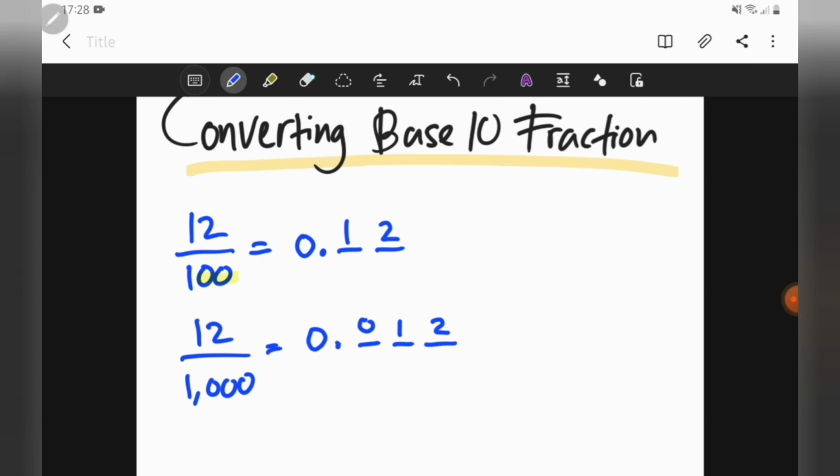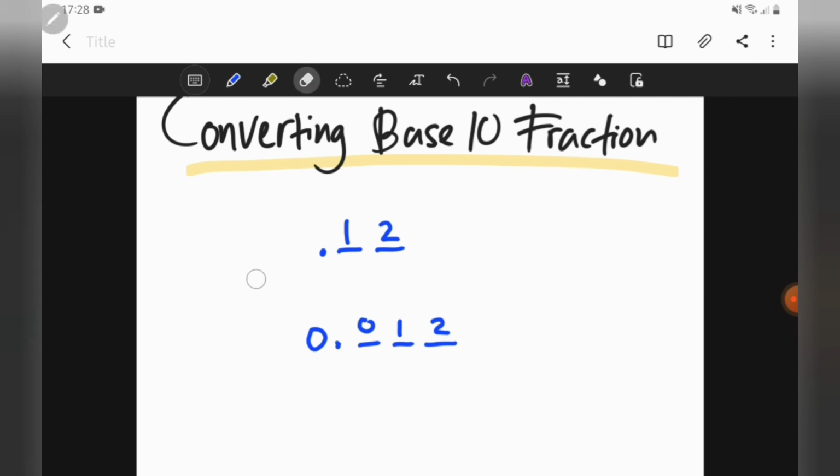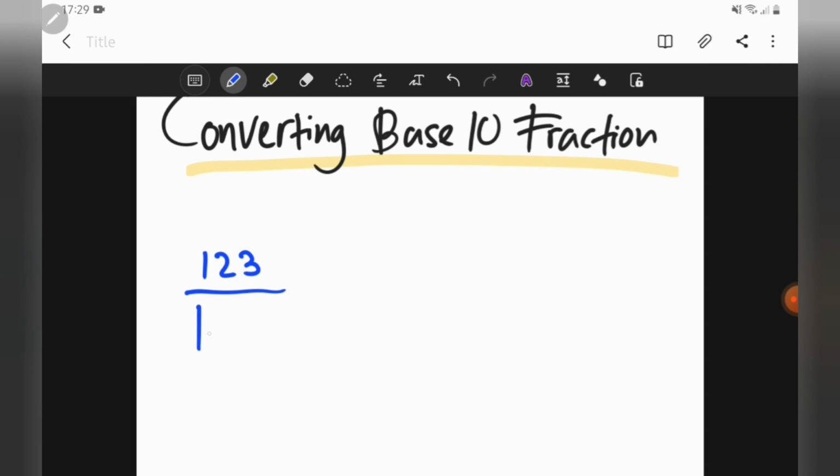Okay, next example. Let's make it larger. Let's make it 123 over 1000, or 123 thousandths. Always the same: 0 point. Let's see how many zeros there are. Yes, 3. So 3 digits that you will put there.